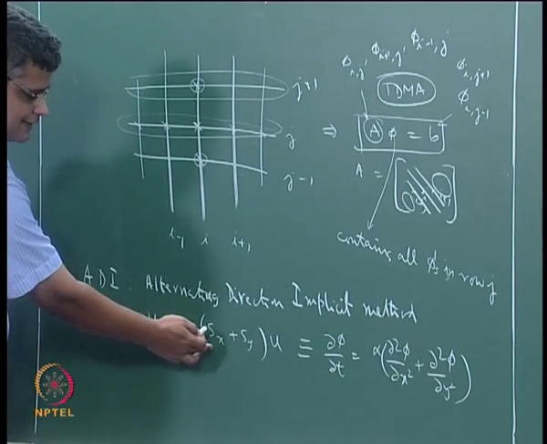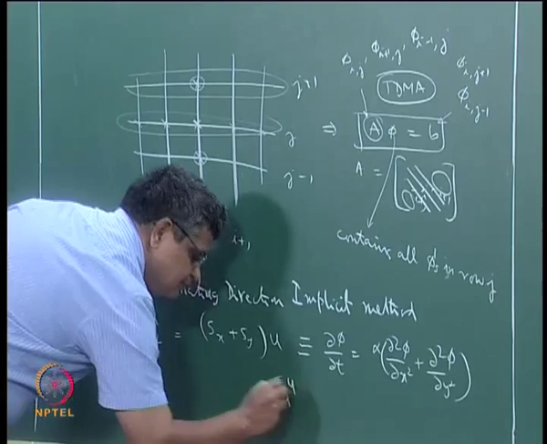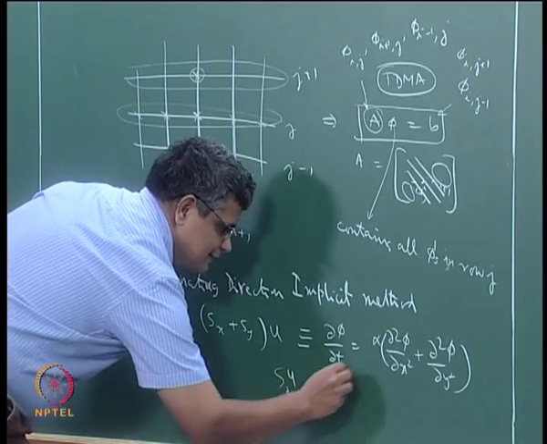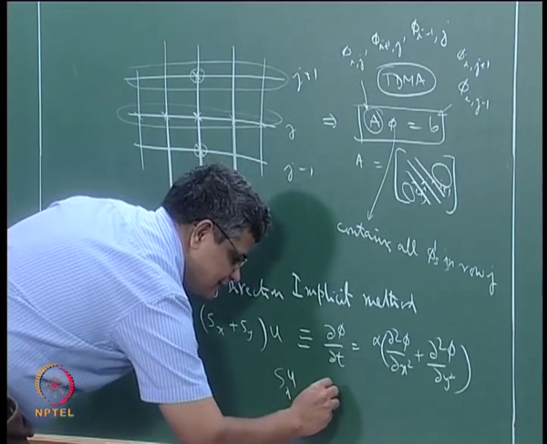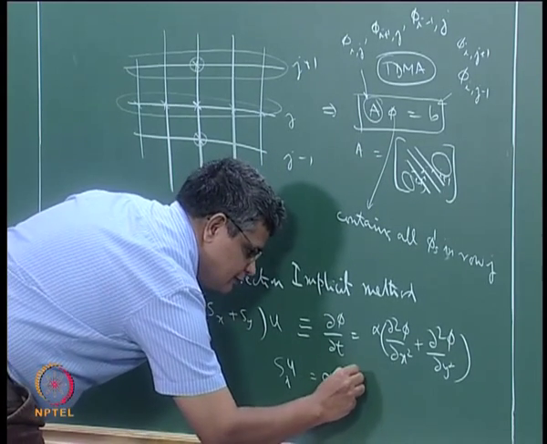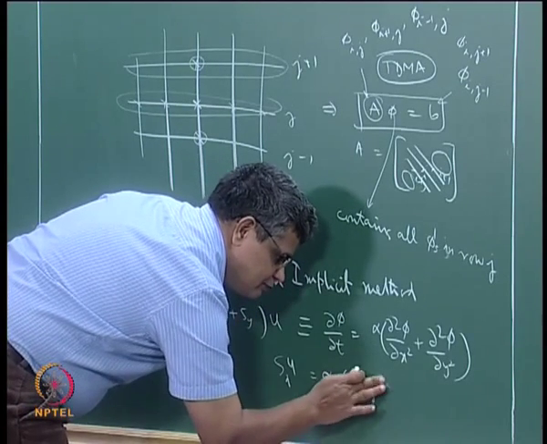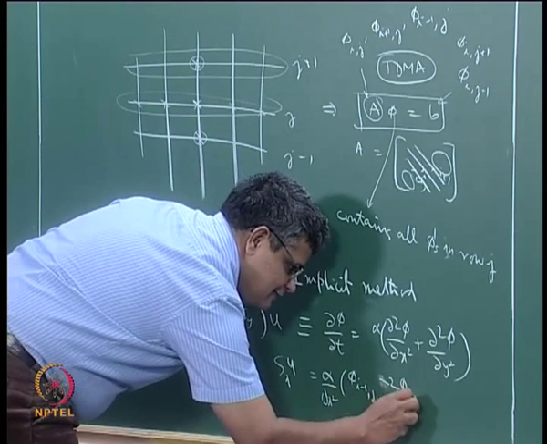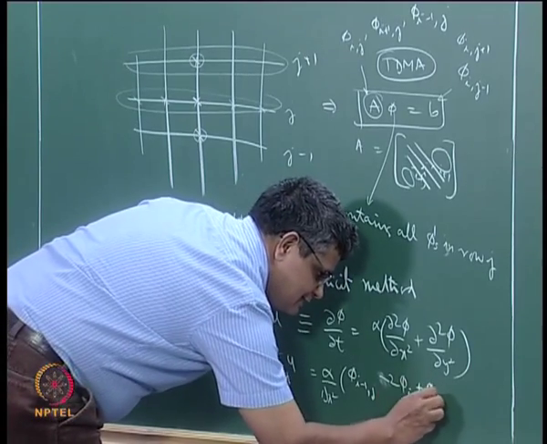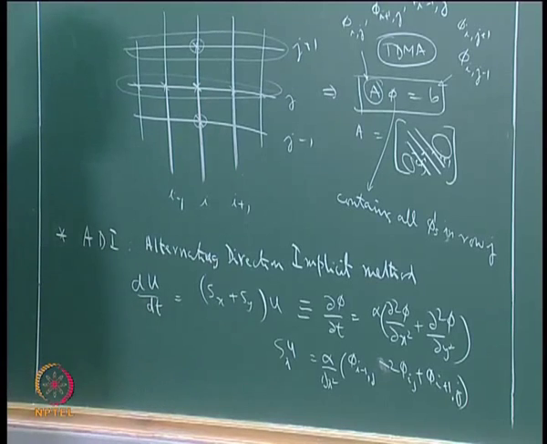For example, Sx of u is alpha by delta x square times phi i minus 1 j minus 2 phi ij plus phi i plus 1 j, that is the Sx operator.